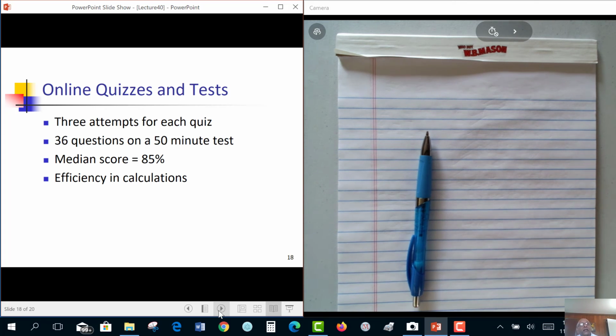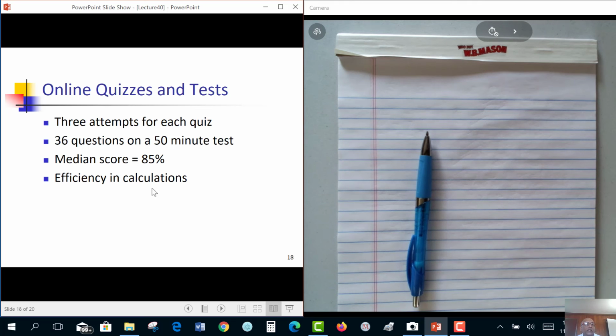Now, often in my surveys, people mention quizzes, and I really want you to appreciate that after doing 3 attempts at each quiz, you really did learn the material. Some of you may have tried to guess the answers, but most of you, I think, learned the material, and it is reflected on the test. I give you 36 questions on a 50-minute test, and the median score is 85%.